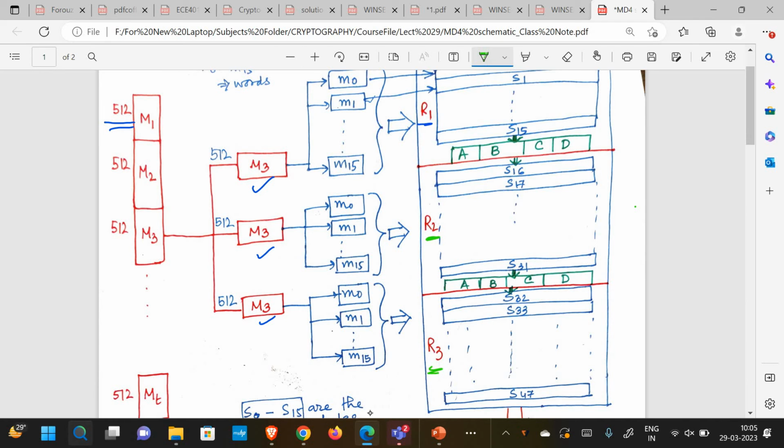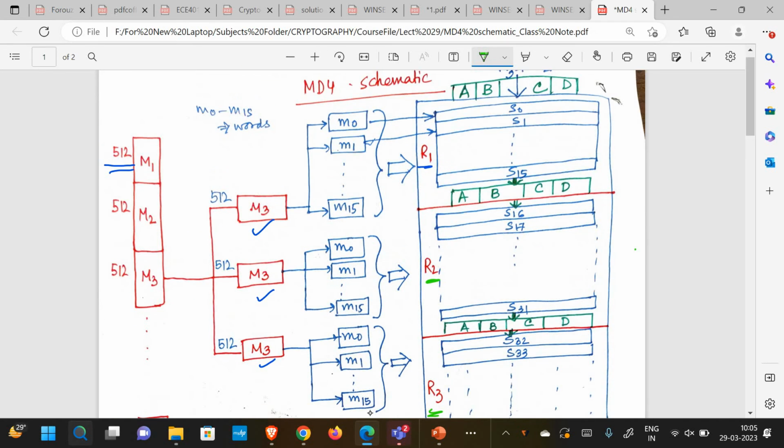So R1, R2, R3 indicate the 3 different rounds. For each of these rounds there are 16 states, and if you observe over here, S0 to S15 are my 16 states.